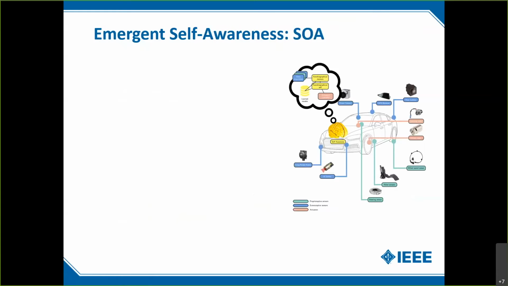This is a figure from the paper in which we can see, for example, an agent that has proprioceptive and exteroceptive signals, and that can create models of self-awareness from dynamic observation of the signal.